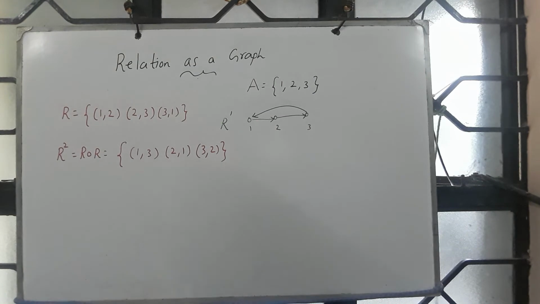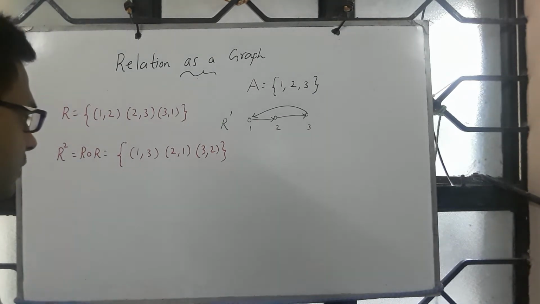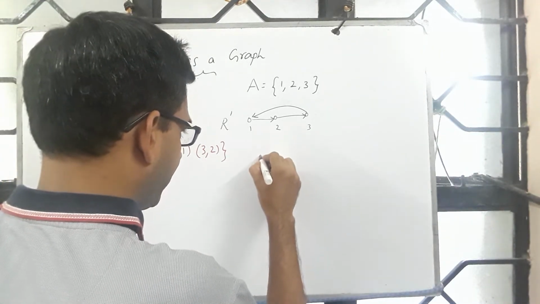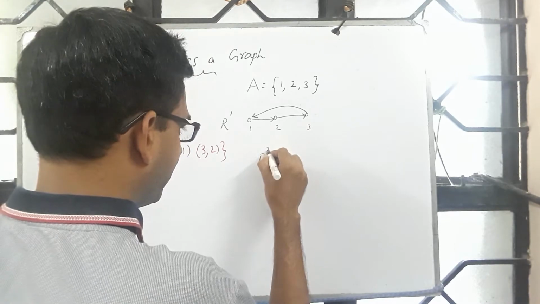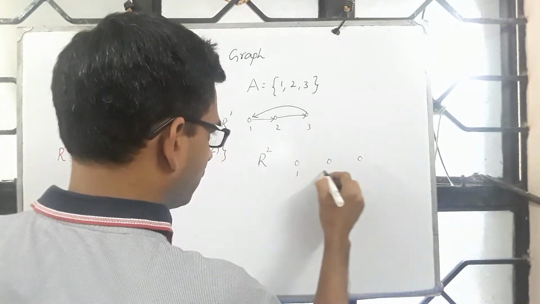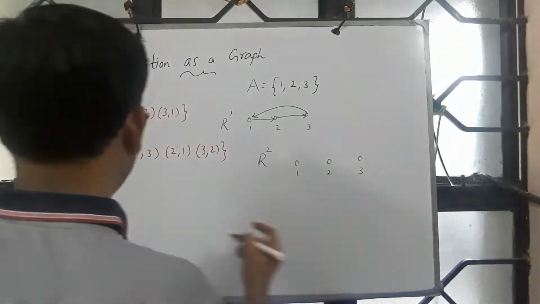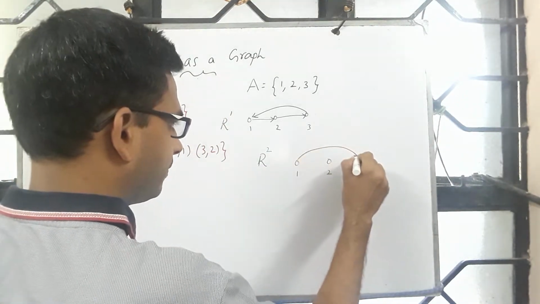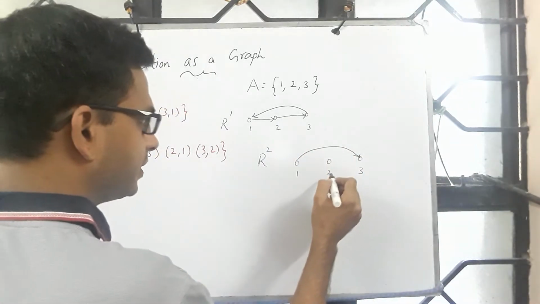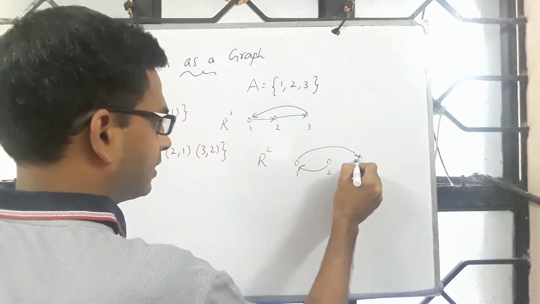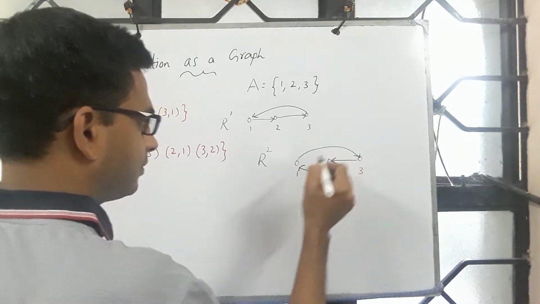So these are all the pairs that you see in R square. Please note, R square is also a relation. Any binary relation can be represented using this model. So the underlying set remains the same. You see there is an arc from 1 to 3, an arc from 2 to 1, and an arc from 3 to 2.